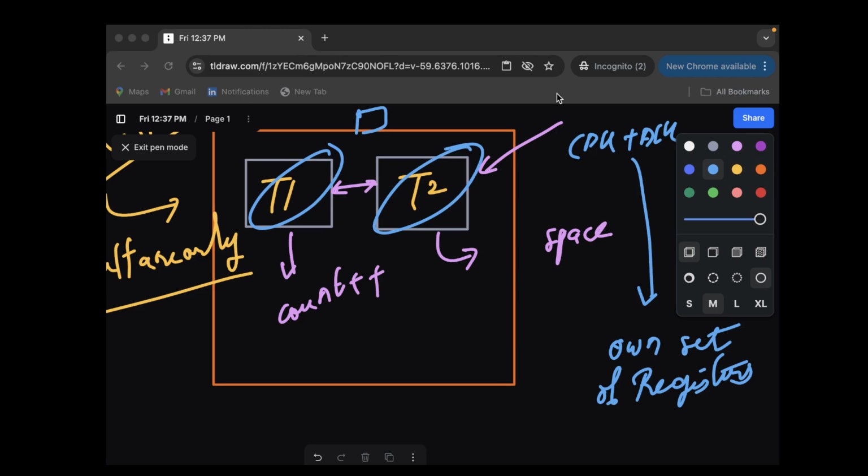But the problem is the way registers are designed, right? We need very fast access to the memory.